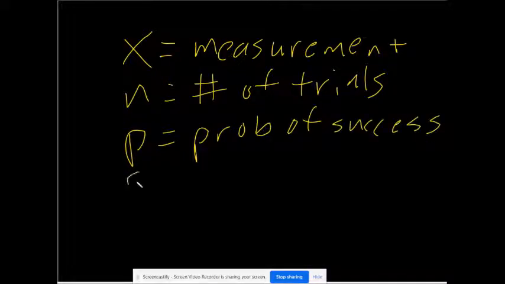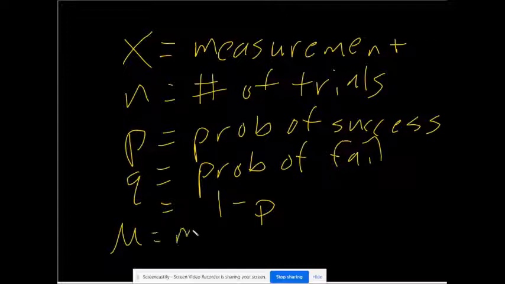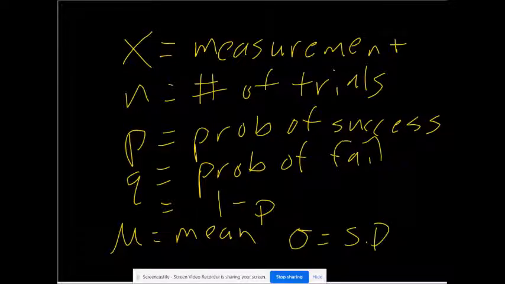Now, some places use Q, which is the probability of not success or failure. But Q is actually equal to 1 minus P. All of our probabilities will add up to 1 or 100%, so 1 minus P will be the probability of failure. We have our mu, which is our mean. We have our sigma, which is our standard deviation.